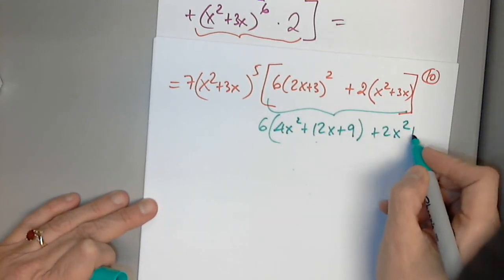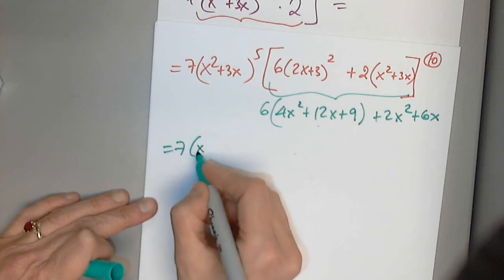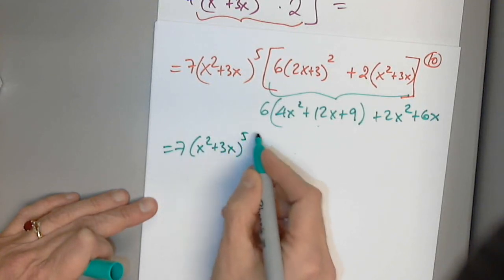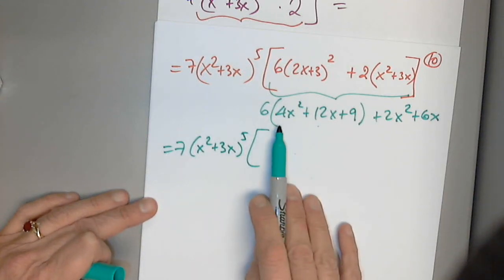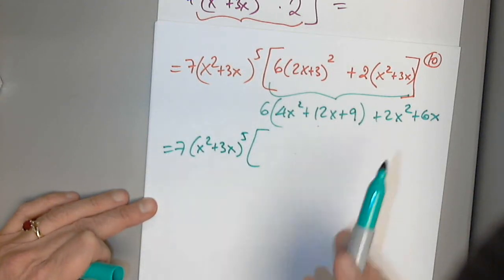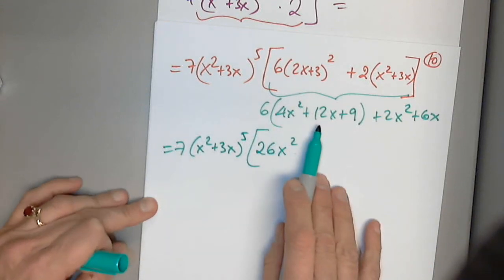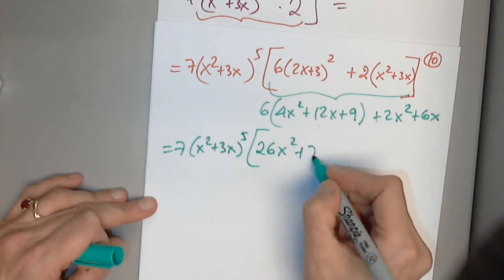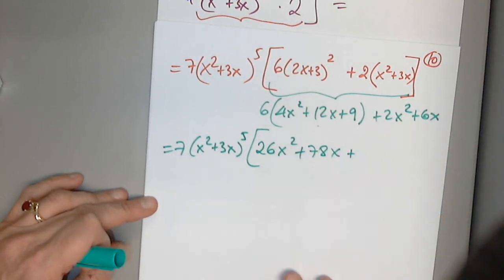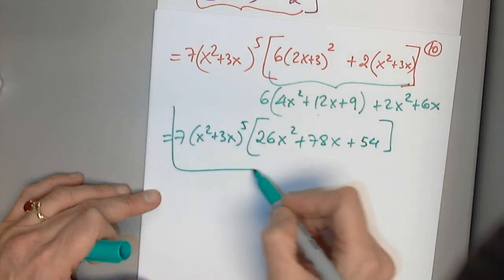Plus 2x squared plus 6x. So final answer, 6 times 4, 24 plus 2, 26x squared. 6 times 12, 72. 72 plus 6, 78x and 54. And this is it.